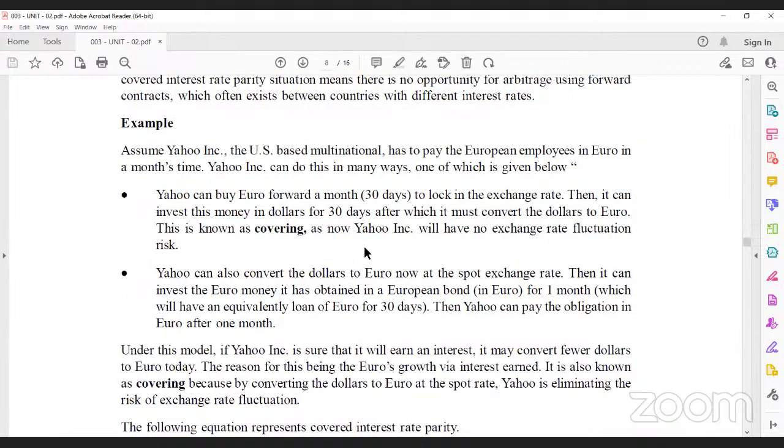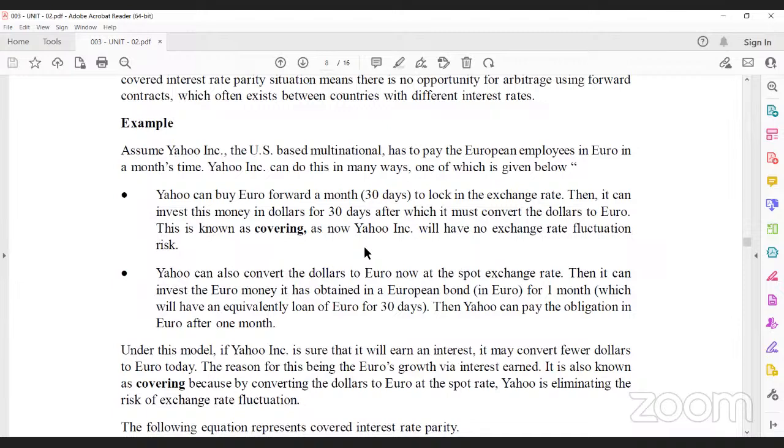Now, here you can see an example presented of Yahoo Inc. The US-based MNC has to pay a European employee in euros in a month's time. Now, this can be done in many ways, one of which is that Yahoo can buy euro forward for a month, that is 30 days, to lock in the exchange rate.